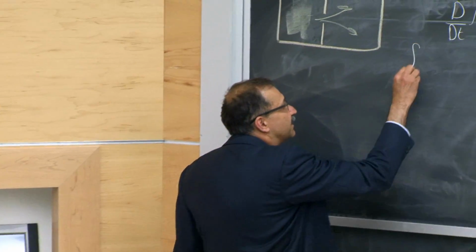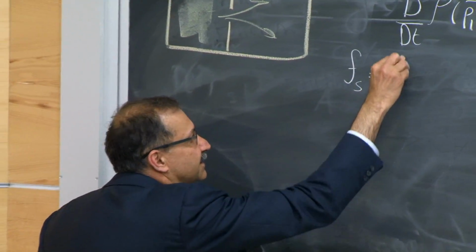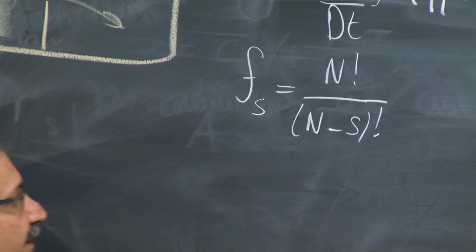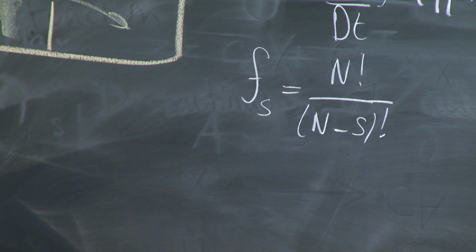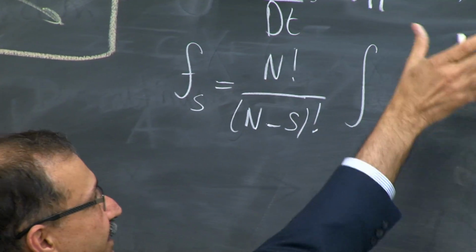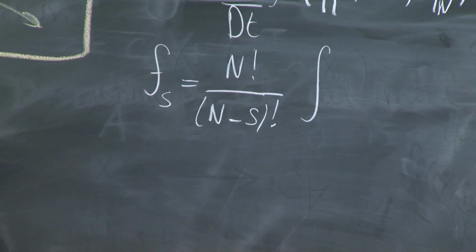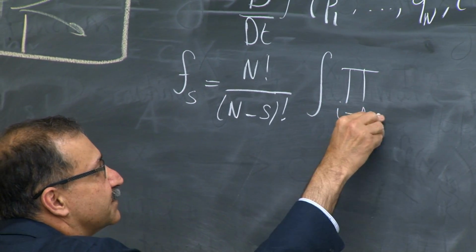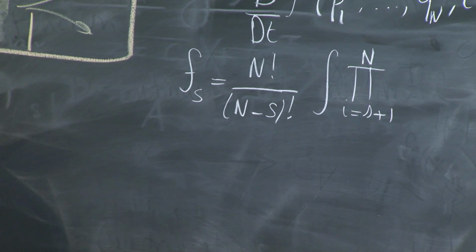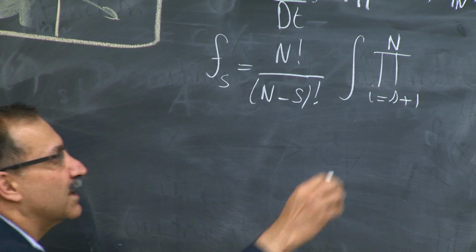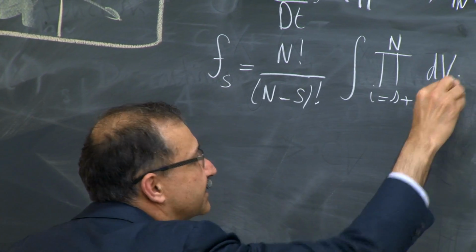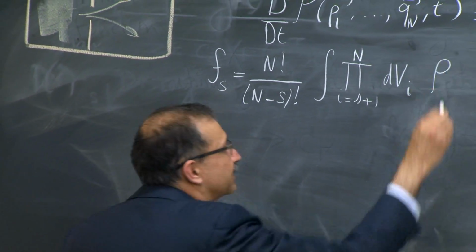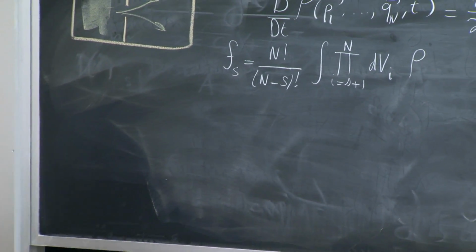But along the way, we introduced s-particle densities, normalized appropriately, corresponding to essentially integrating over all of the coordinates that we were not interested in, say coordinates pertaining to particles number s plus 1 through n, of the 6n-dimensional phase space and the entirety of this density or probability.